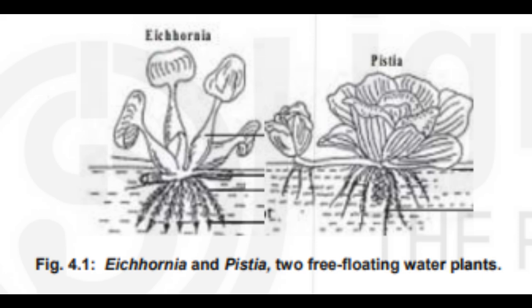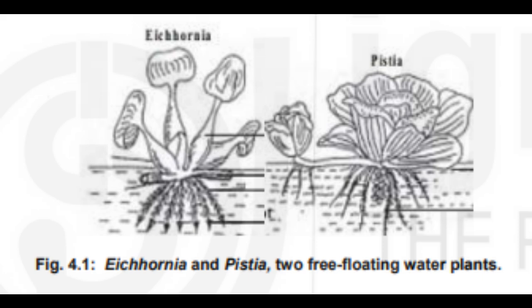Free-floating plants. Plants float on the surface of water. The roots are not attached to the soil surface but float on the surface of water. The roots are absent or poorly developed, fragile. These plants possess rosettes of aerial, floating leaves.